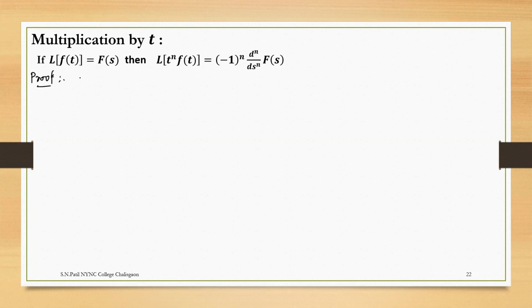We know the definition of the Laplace transform. The Laplace transform of the function f of t, capital F of s, is equal to the integral from 0 to infinity of e raised to minus st times f of t with respect to t.